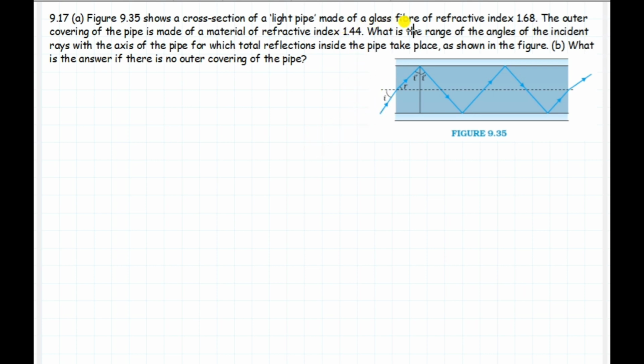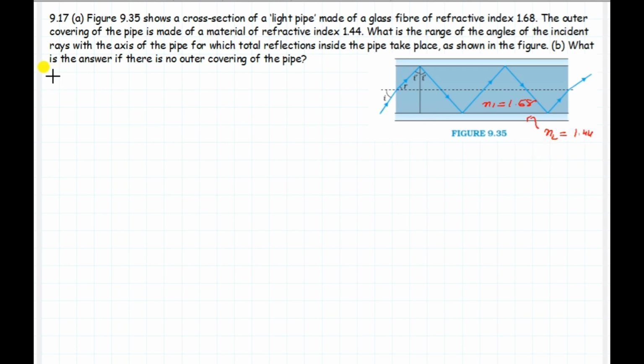Here it is given that the refractive index of the glass fiber is 1.68. Let it be n1. So n1 is 1.68, and the refractive index of the outer covering, let it be n2. So n2 is 1.44.